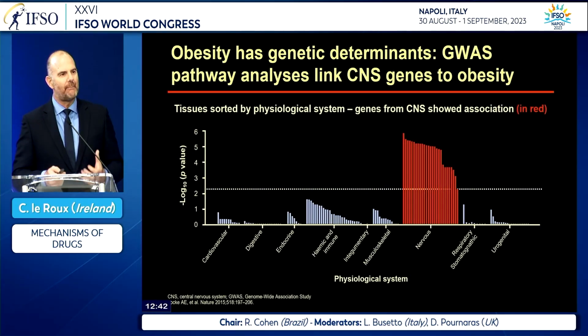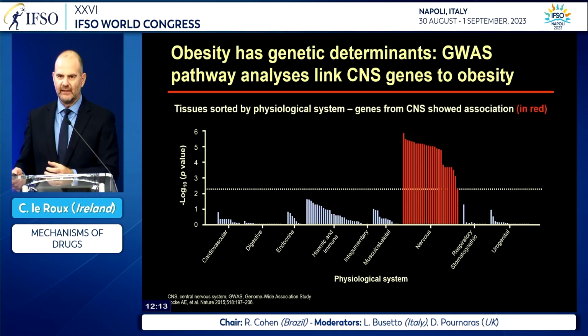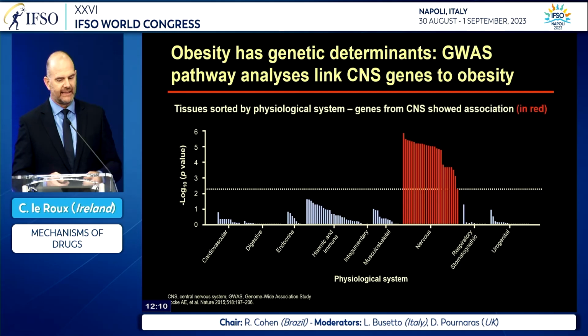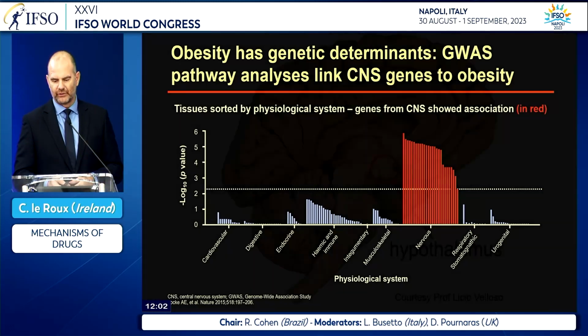Now, for us to understand the mechanisms of medications, as well as the mechanisms of surgery when it comes to treating the disease of obesity, we need to identify what organ it is that we are treating. Because for a very long time, we thought our target was the organ of adipocytes, adipocyte mass. But in fact, as Lee explained, adipocyte mass is regulated not by the adipocyte. It is regulated probably by higher centers, and this genome-wide association study would suggest that at least 80% of the genes involved may be in the central nervous system.